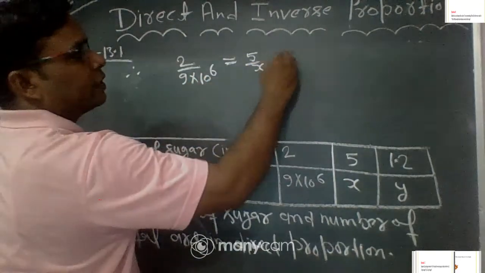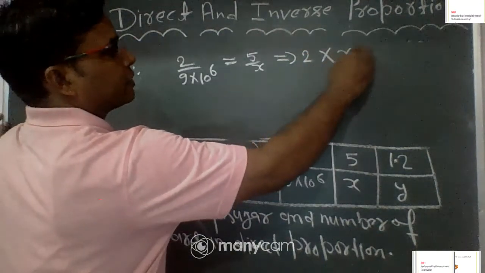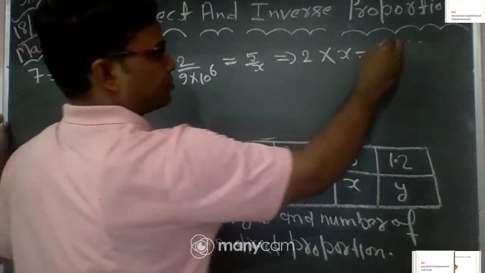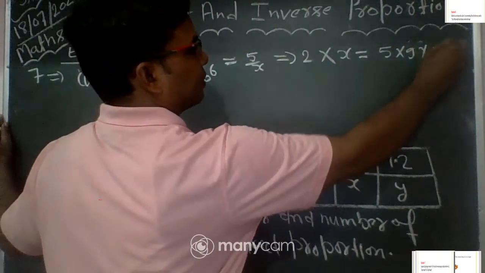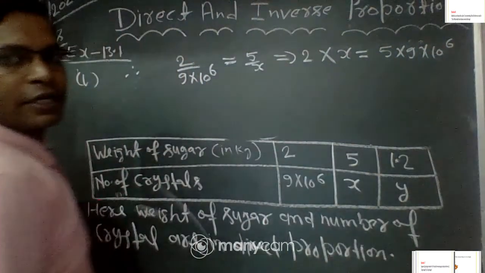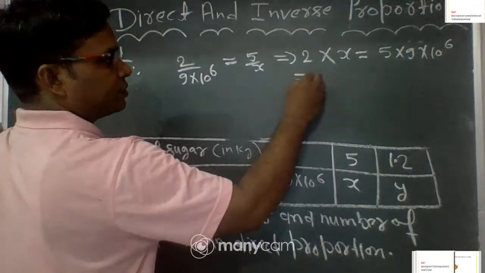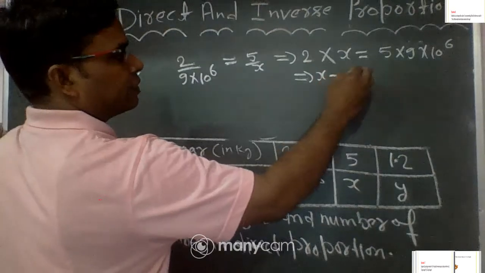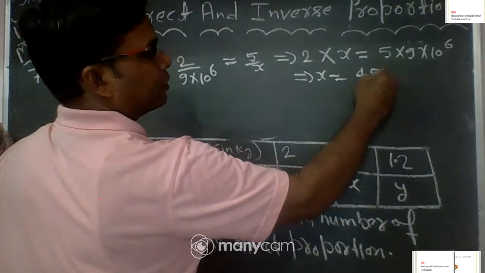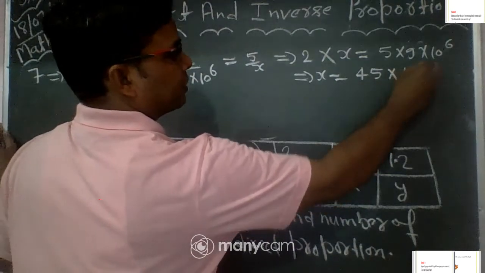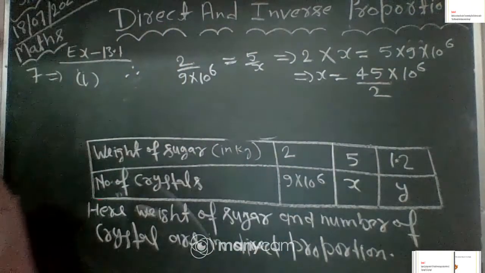So we obtain by cross multiplication 2 into x is equal to 5 into 9 into 10 power 6. Clear? Or you can write x is equal to 45 into 10 power 6 by 2. Clear?